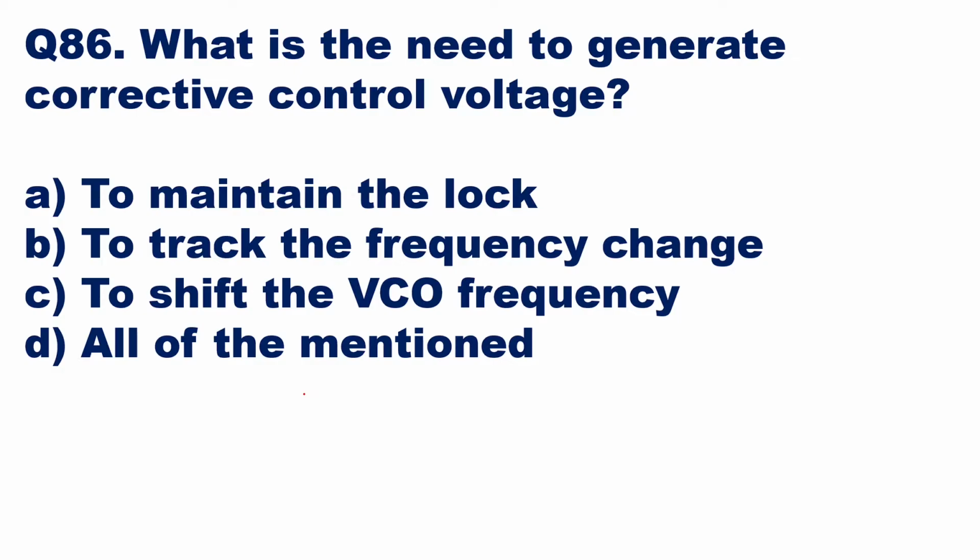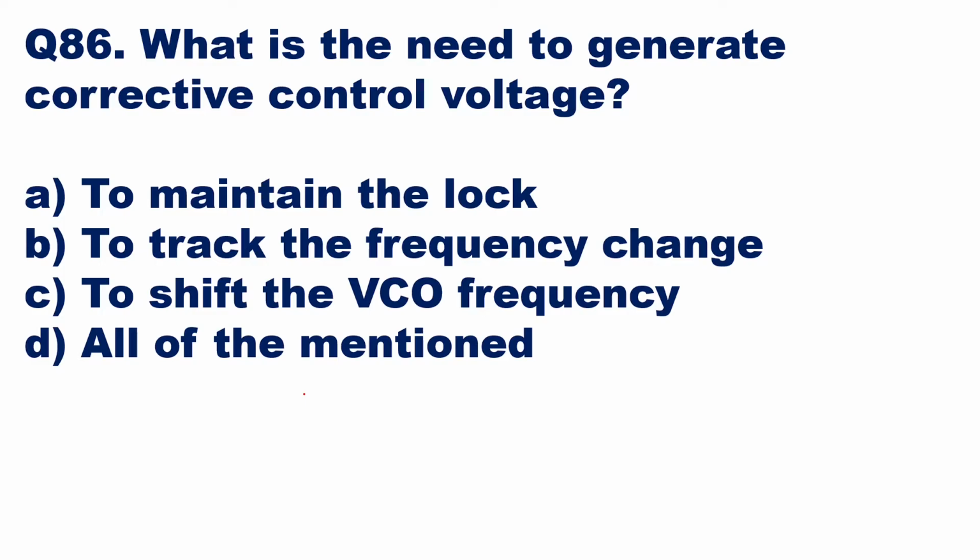Now, why we should have a corrective control voltage so that the error voltage is correct and then the output frequency is correct in PLL working. So the options given here are to maintain the lock, that is the locking frequency, to track the frequency change, to shift the voltage control oscillator frequency. Now all these 3 points are the process of PLL and all these 3 points need a corrective control voltage.